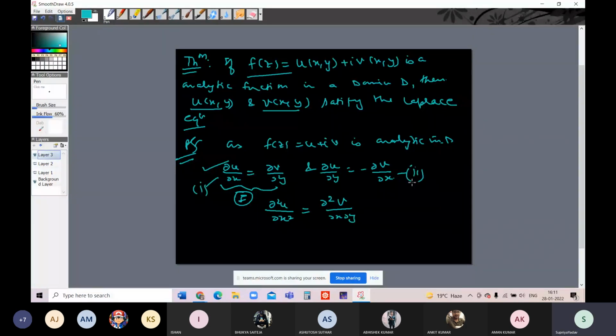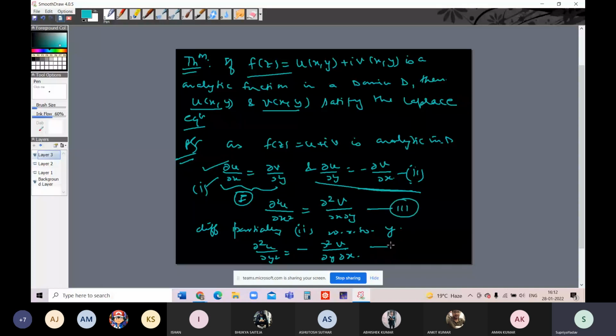Again, differentiating partially equation 2 with respect to y, we will get ∂²u/∂y² = −∂²v/∂y∂x. Say that this is equation 3 and this one is equation 4.